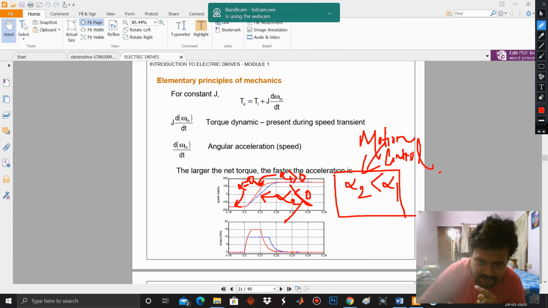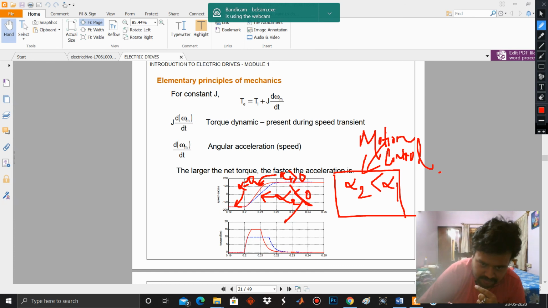Here you see the torque is increasing to 15 Newton meter. It remains constant for 0.01 seconds. And now again its torque falls.